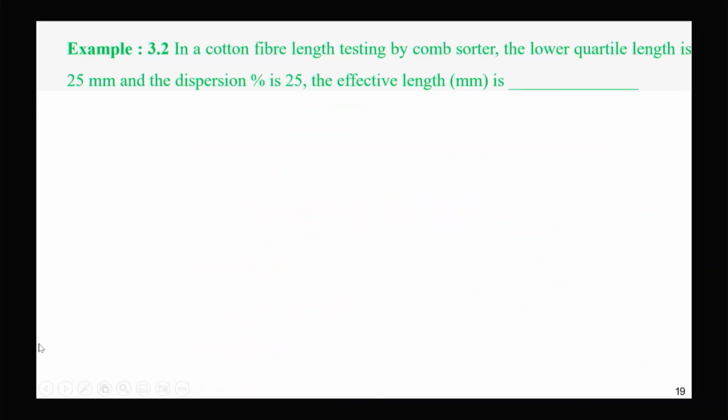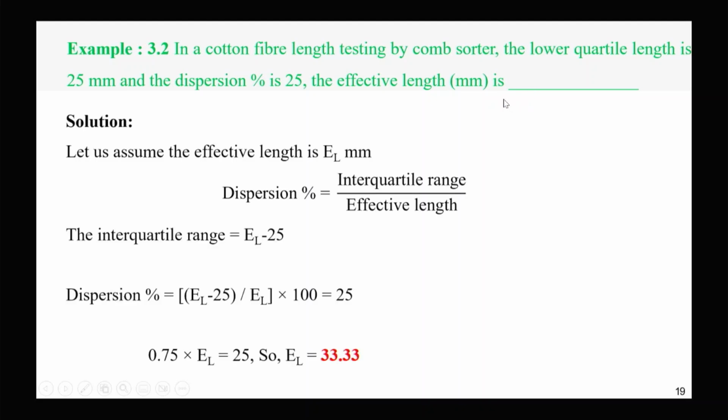Now let us do another numerical. Similar numerical: in a cotton fiber testing by comb sorter, the lower quartile length is 25 and dispersion percent is 25, find the effective length. In a similar way we can calculate.